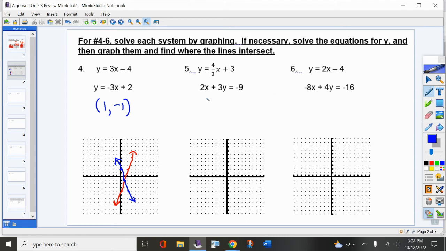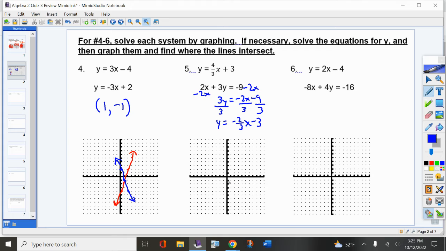Now on number 5, before I graph this, notice what the second equation looks like. I need y by itself. So I'm going to subtract 2x. So 3y is equal to negative 2x minus 9. I need y, so I'm dividing by 3 everywhere. So y equals negative 2/3 x minus 9 divided by 3 is minus 3.